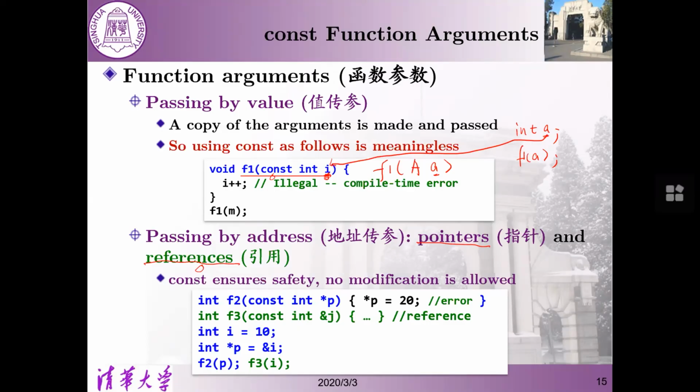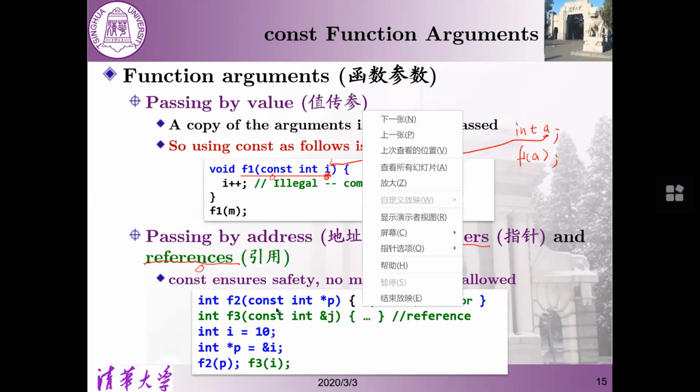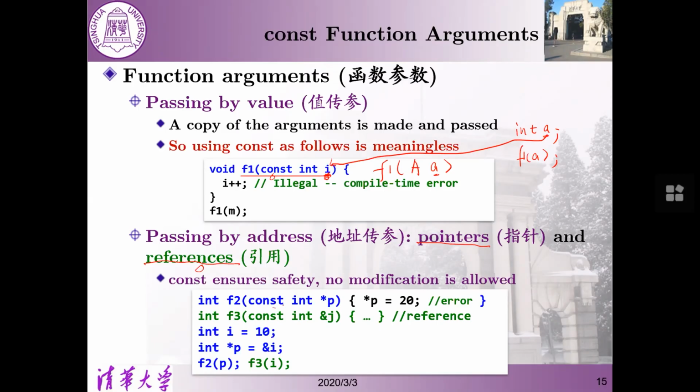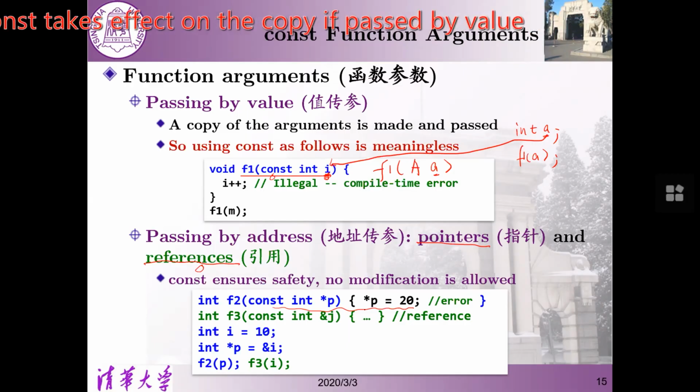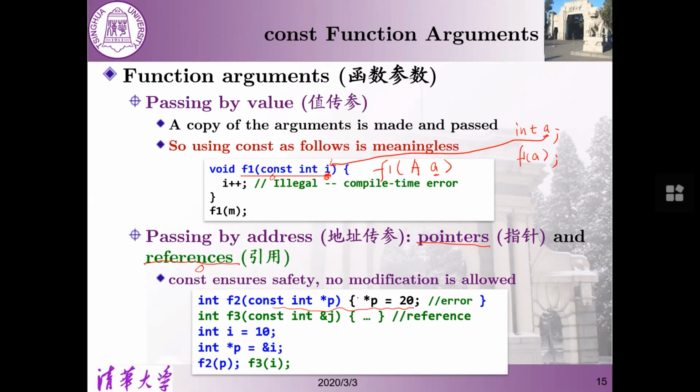Okay, then if we call this function in this way, for example, if we define this function f2 in this way, and then we want to modify this value, this causes a compiling error because it is const. We cannot modify the object pointed to by this pointer.